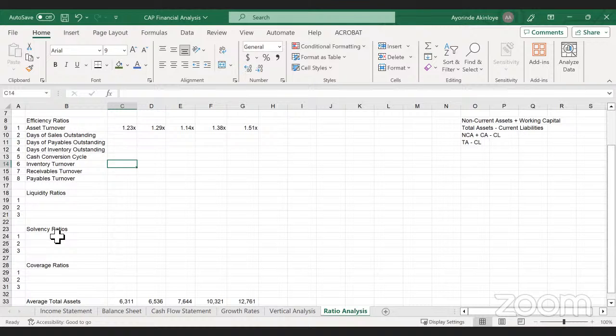In some analyses or papers you read, instead of measuring inventory at cost, they measure it at selling price. So if you measure your inventory at selling price, you say total revenue divided by average inventory at selling price. But if you are using cost, you say cost of goods sold divided by average inventory.